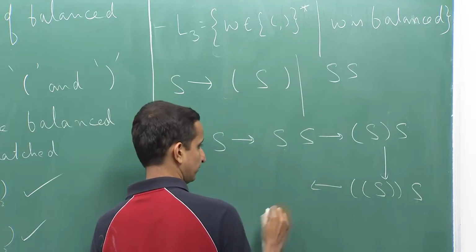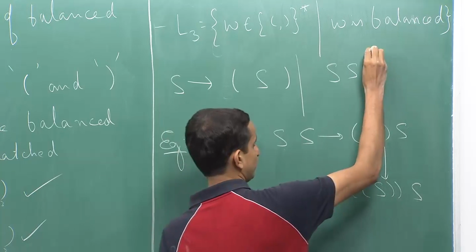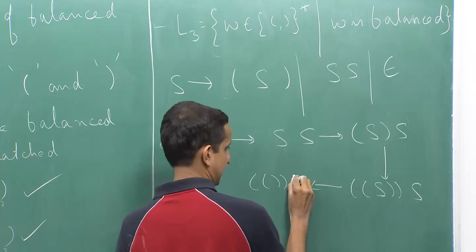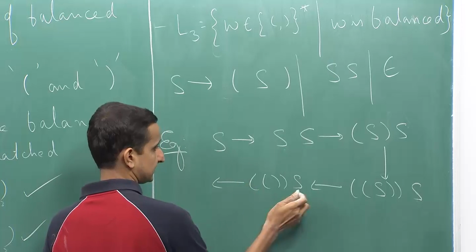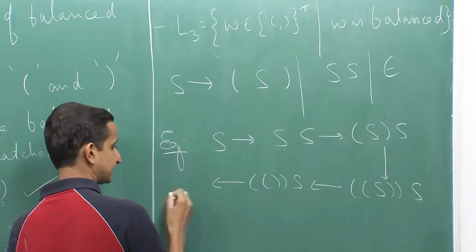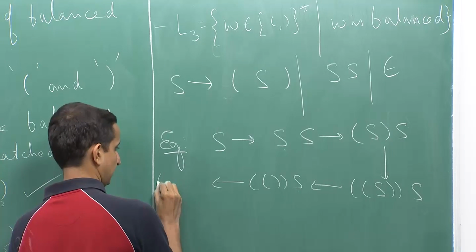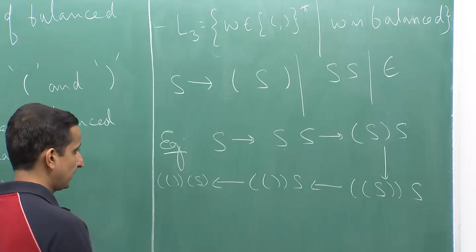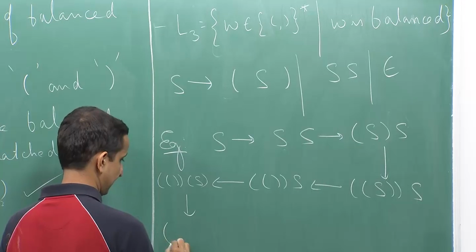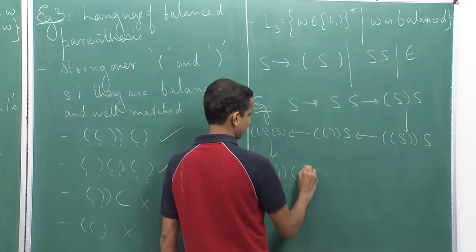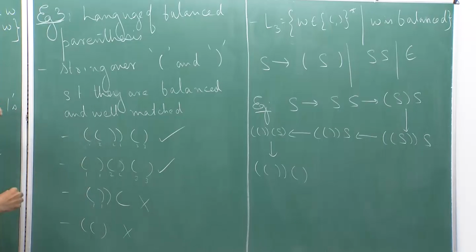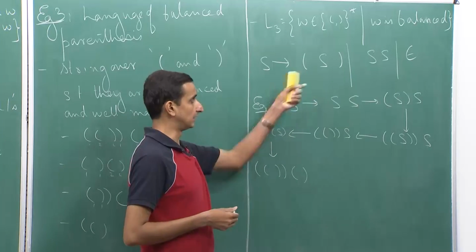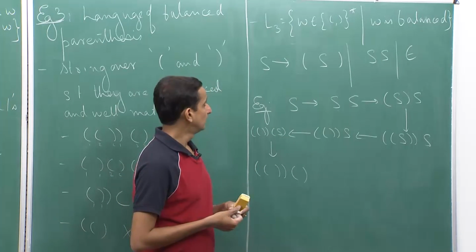Now, I replace the first S with epsilon. Okay, so, I need to add epsilon as well. So, I get left right S. Then I replace the only S with again left S right, and now I replace this with epsilon. So, I get left right left right, and you can show that any other balanced parenthesis can also be obtained from this grammar. So, this is the grammar. Okay.